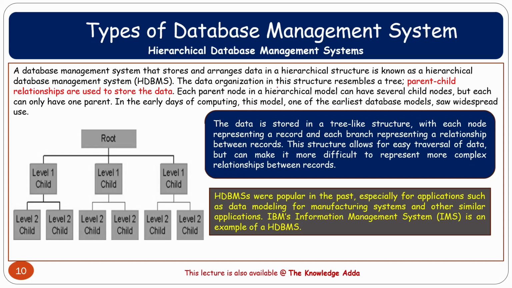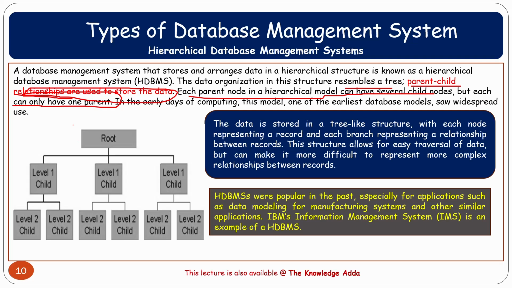And the data organization in this structure is just like a tree, meaning a parent-child relationship. So basically in this type of database management system, parent-child relationships are used to store the data. Each parent node can have several child nodes, but each child can have only one parent.